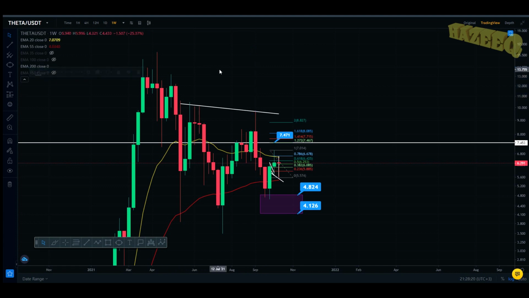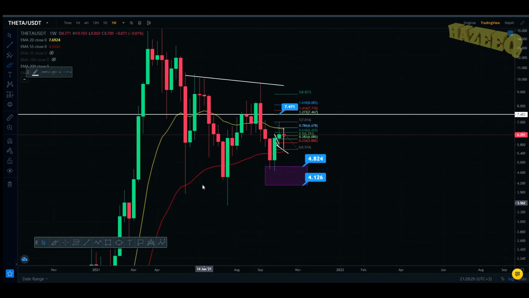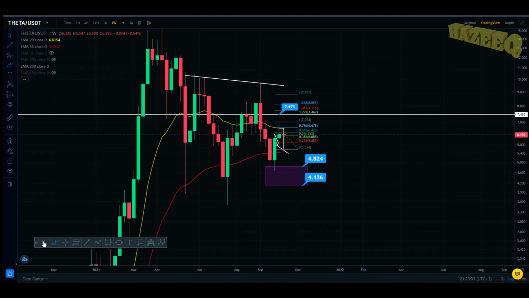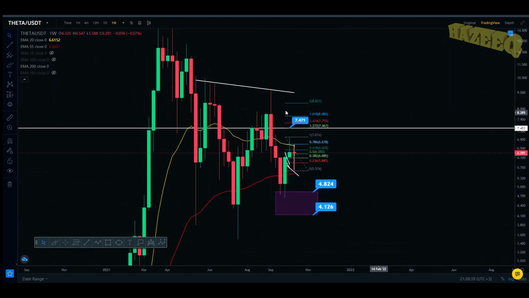You're looking at $16 if you start breaking this neckline, because you do have the double bottom over here, right? That's your neckline. You take a trend line from the bottom to the neckline and place it above to see where the target is. So $16-ish is your target once you start breaking that neckline, and that neckline beautifully co-aligns with the neckline of the inverse head and shoulders on the weekly as well.